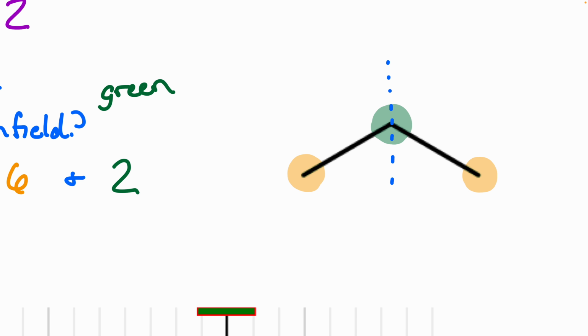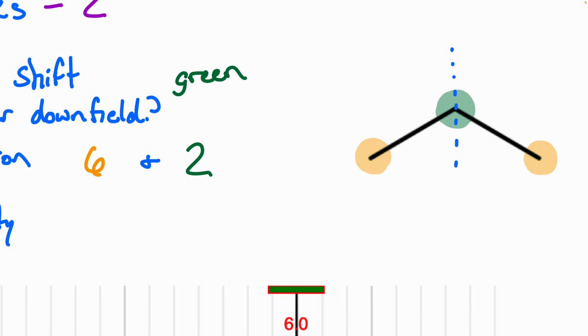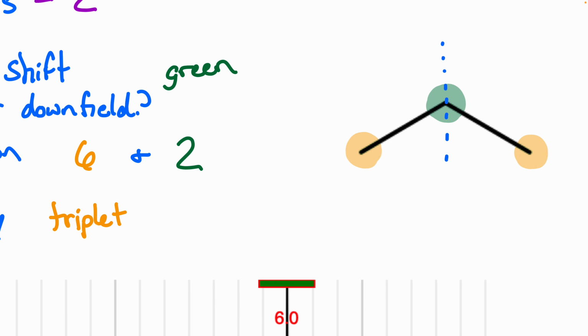So what would my multiplicity be if I have 2 neighbors? A triplet. And what about my green peak? How many neighboring hydrogens does it have? It's got 3 on this side, 3 on this side. So 6 neighbors, meaning it's going to have a multiplicity of 7, what we call a septet.